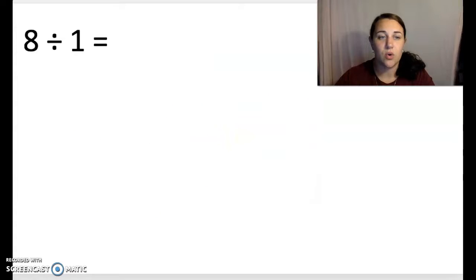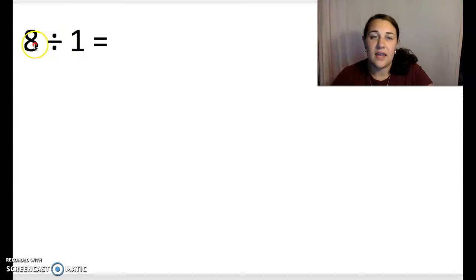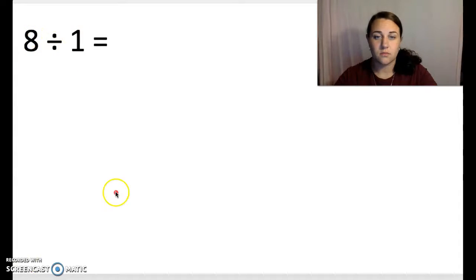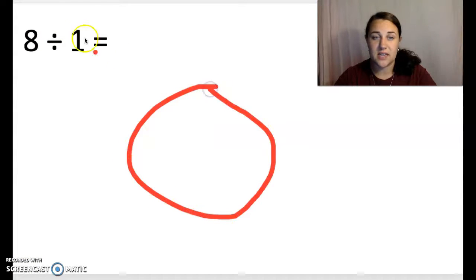Okay, so let's go over a few special rules that we talked about during our live lesson. When we have 8 divided by 1, I had told you that any number divided by 1 is that same number, just like in multiplication. If you look at it this way, I have one group, because my second number tells me 8 divided by 1, I need to divide 8 by one group.